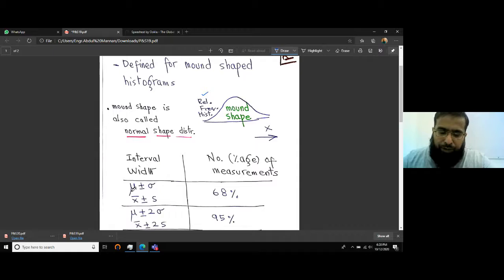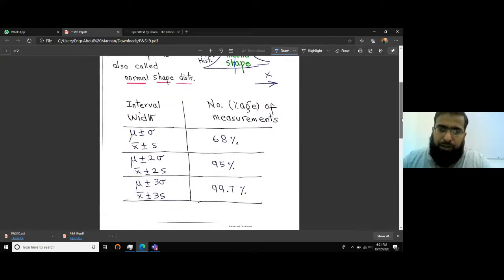If we work with the interval mu plus minus sigma for population and x bar plus minus s for sample, where x bar or mu is the center and sigma or s is the spread, the standard deviation, then if the data takes on this distribution, the percentage of measurements in the interval one standard deviation around the mean will be 68%.